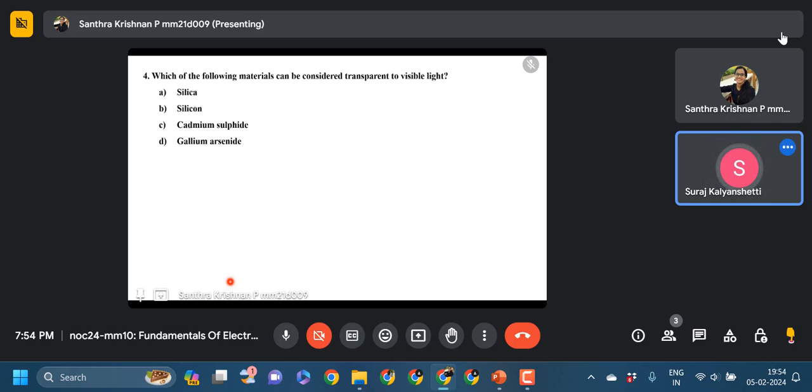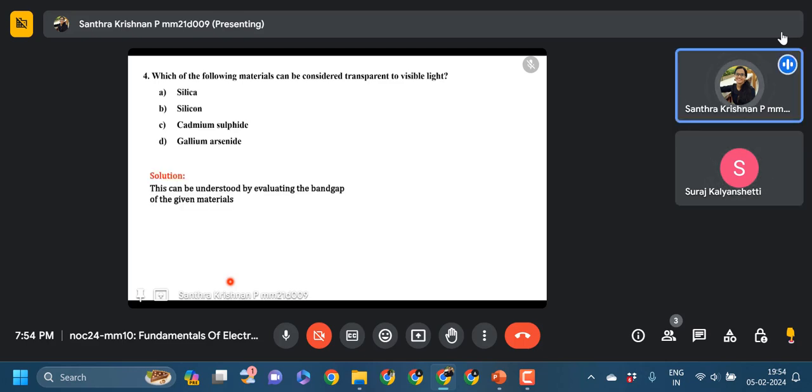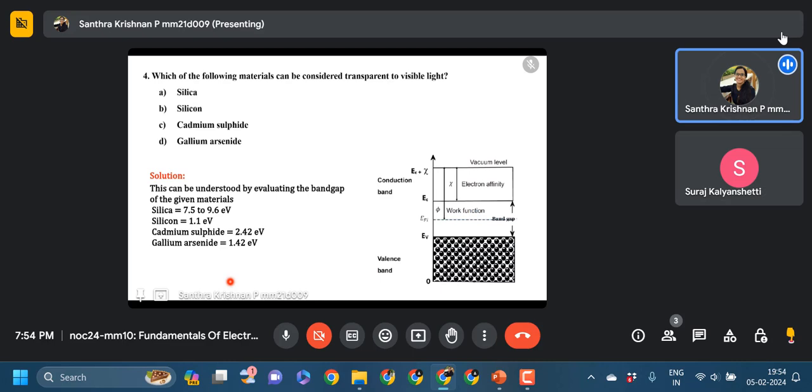Lambda is equal to hc by Eg, and if you get lambda below 1060 nanometers, it's in the visible, correct? So the silica band gap is 7.5, silicon is 1.1, cadmium sulfide is 2.42, and gallium arsenide is 1.42.